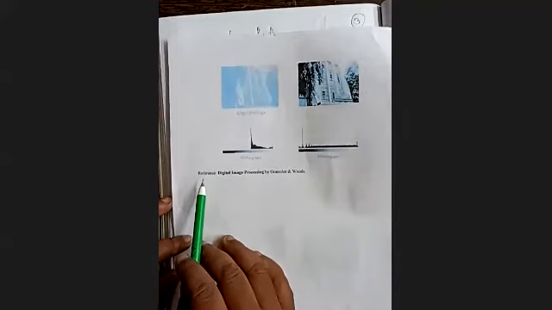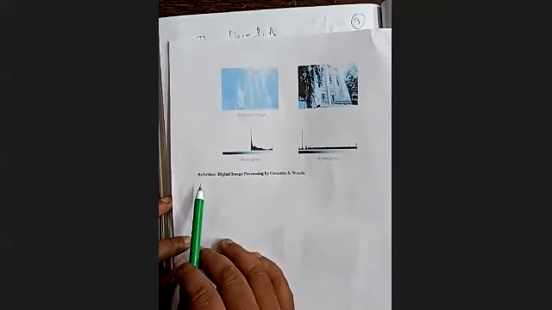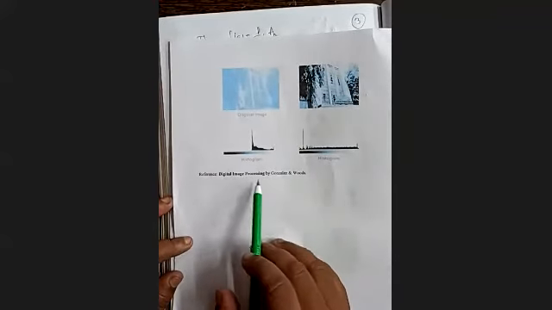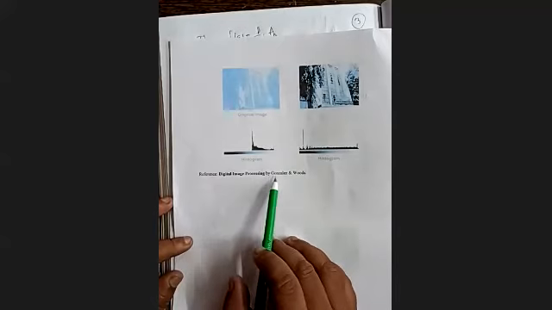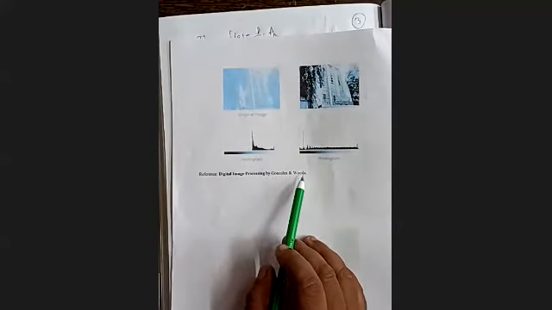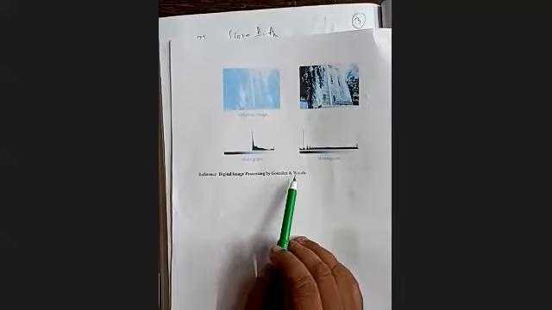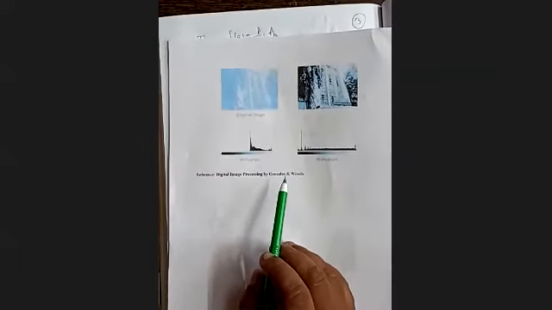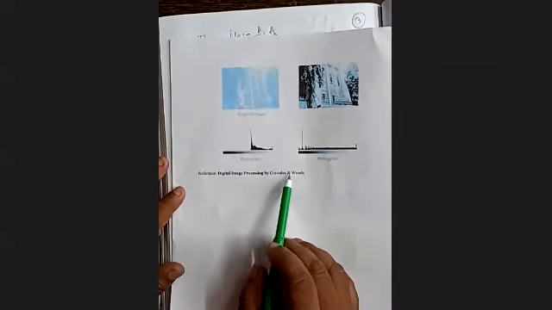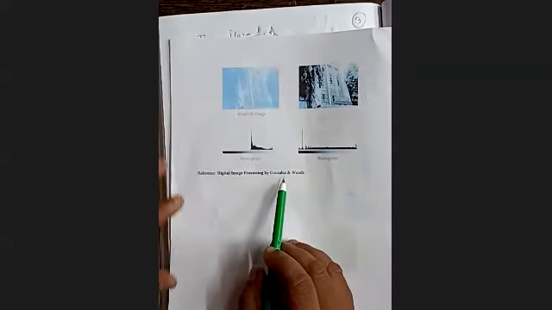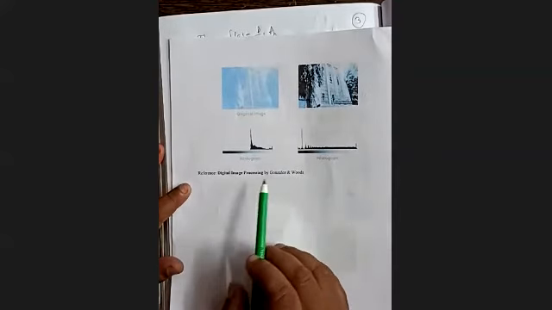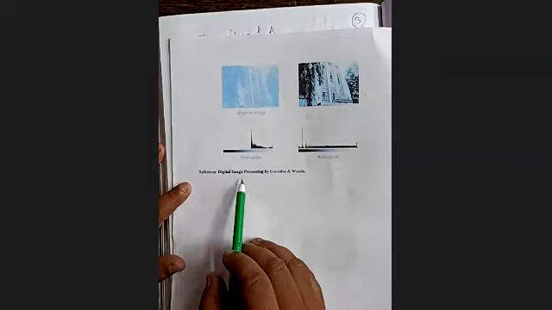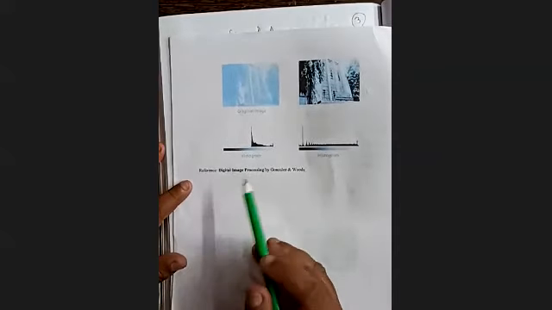If you want to know more about digital image processing, the best book is Digital Image Processing by Gonzalez and Woods. That is the best book. And if you want to do some experiments by yourself, there is another book by Gonzalez and Woods, Digital Image Processing with MATLAB.